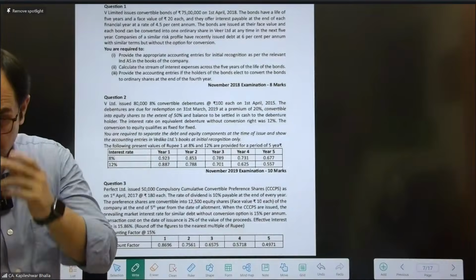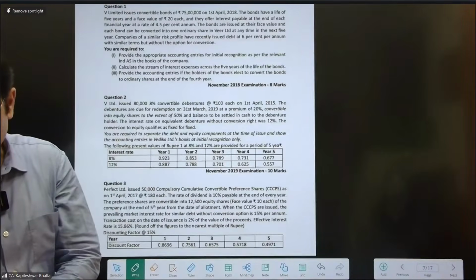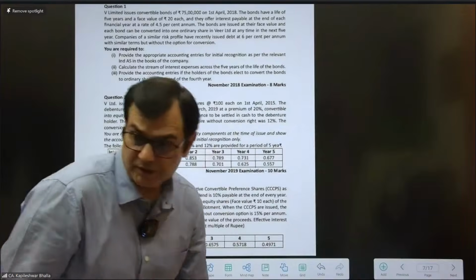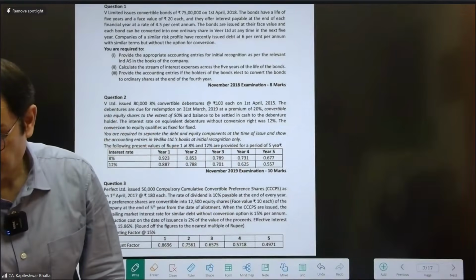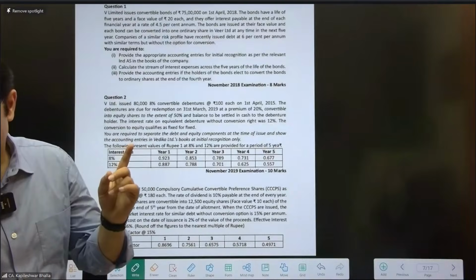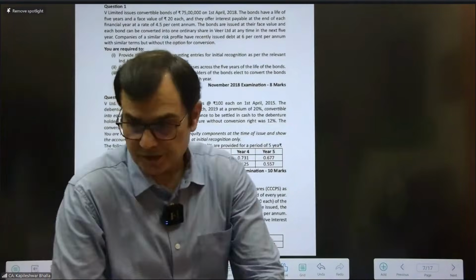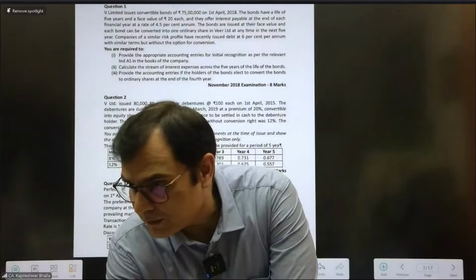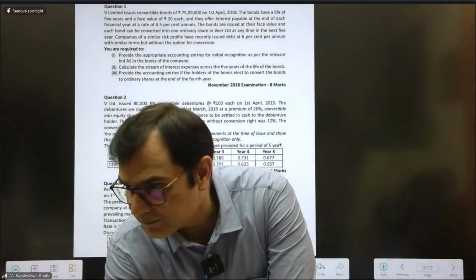Is that working well, or do you want me to share it on the screen? Is it visible, friends? Not visible. Okay, so then let me share it on the screen of the laptop as well. We can read this.